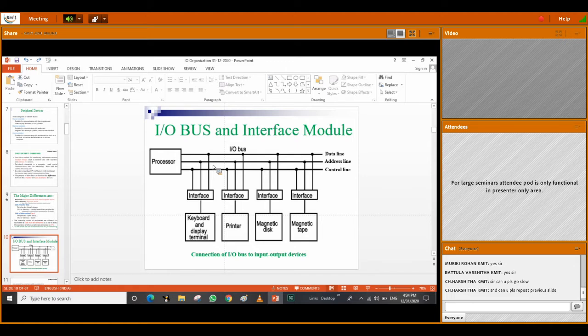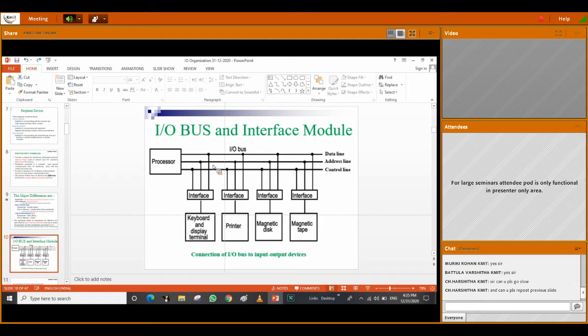Through this interface module only, the CPU can pass data to the peripherals, and the peripheral devices also pass data back through the interface, bus and processor. It is the same bus and processor, with the bus interface to peripherals.